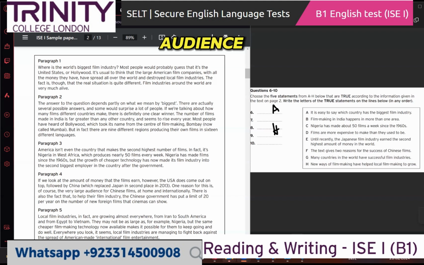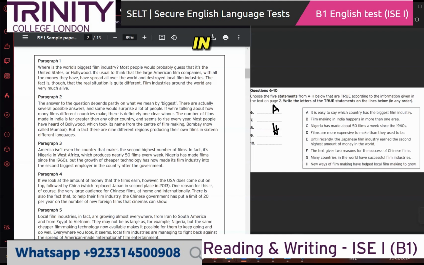Number 1 is the audience of Chinese people internationally and at home. That's the first reason of success. And the second reason of success is that the Chinese government has put a limit of 20 per year as the number of new foreign films that cinemas can show, right? So F is true. There are 2 reasons for the success of Chinese films.